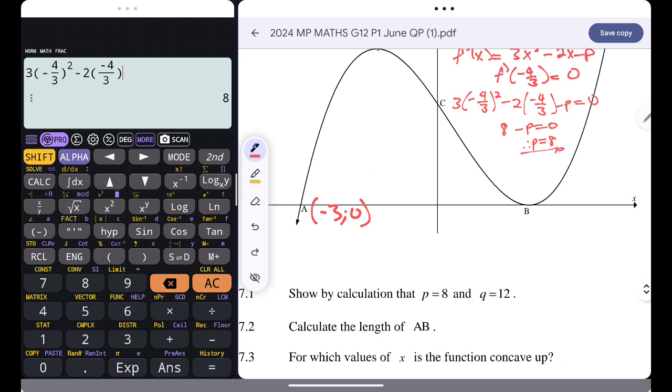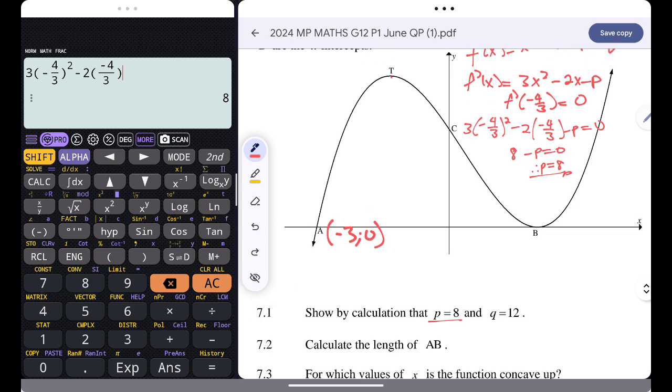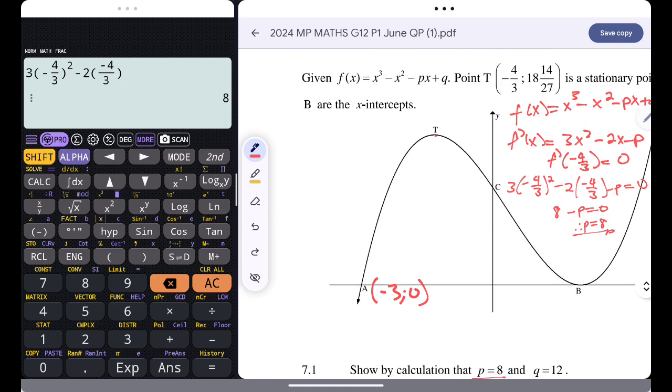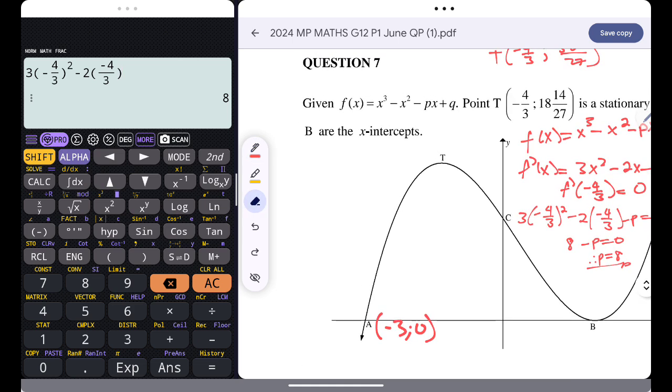Now I know that the value of p is equal to 8. For me to find the value of q, I must substitute the extra point I have on my graph. I know that f of x is equal to x cubed minus x squared, and now that p is equal to 8, minus 8x plus q.